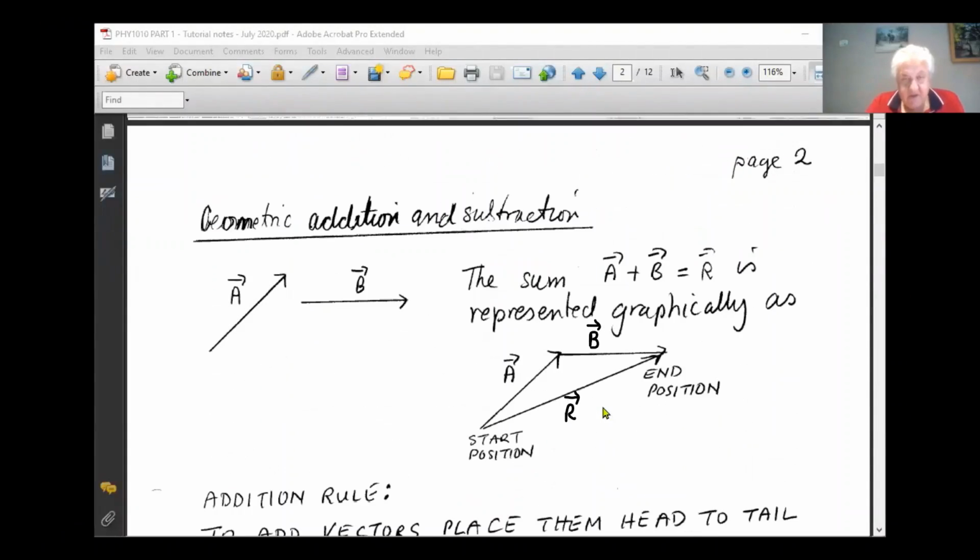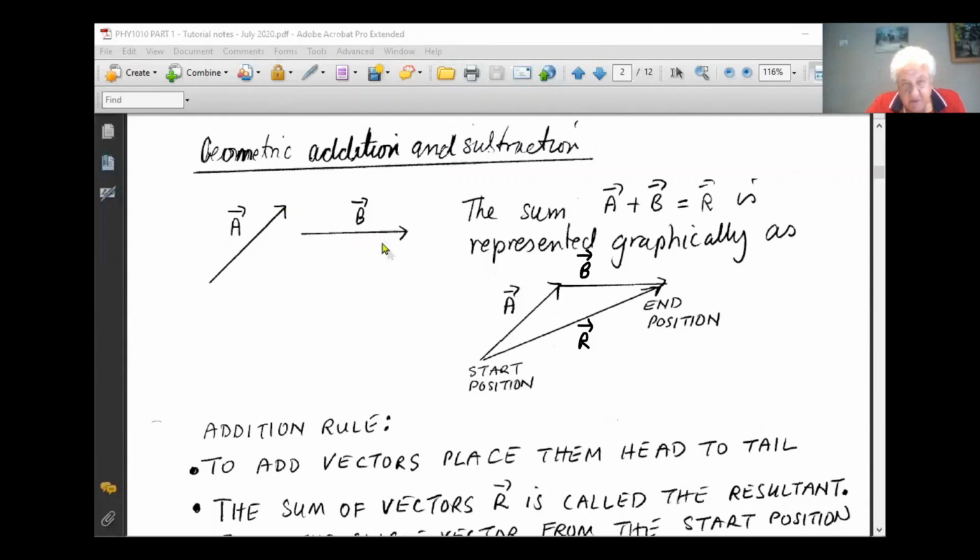Let's go back to my notes. Geometric addition and subtraction. If I take two vectors and I want to add them, I can write it mathematically in this way. This is not an algebraic equation. This is a vector equation.